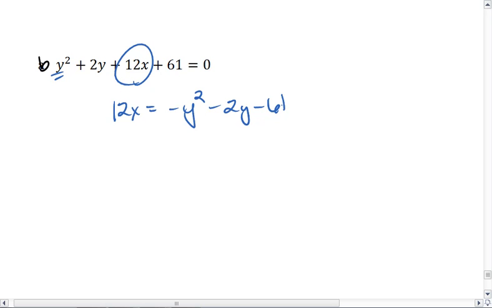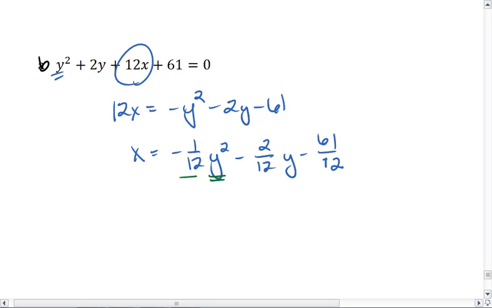I can divide through by 12 to get negative 1/12 y squared minus 2/12 y minus 61/12. Already I notice that this is y squared, so my parabola is either opening to the right or to the left. And since the coefficient on the squared term is negative, I will open left.